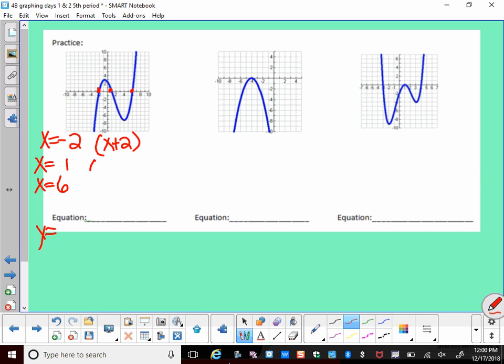What's the factor for x equals 1? And the factor for x equals 6. Good. I'm going to put all of those after my y equals. Now, Carla, from left to right, am I increasing or decreasing? You're increasing, so that sign can say positive. Okay?